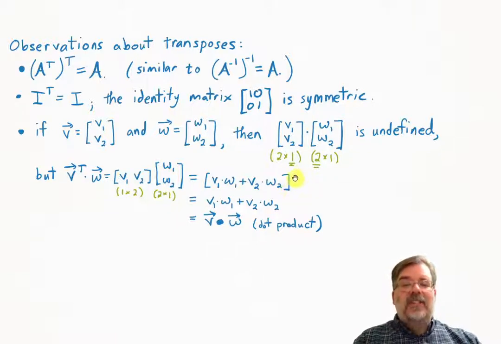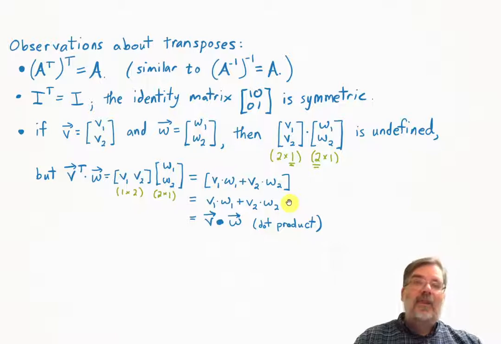The calculation consists of a single dot product. Now, a 1 by 1 matrix is really just a number with brackets around it, so we often drop the brackets. But yeah, V transpose times W is really just the dot product of V and W. And so transposes naturally lead us back to dot products.